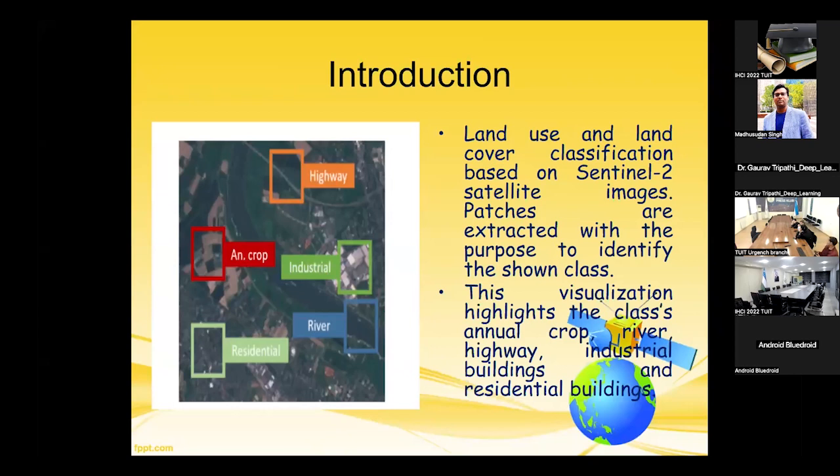Now, so as not to restrict ourselves to very specific objects, we have taken another case of abstract objects like highway, crops, industrial cover, river, residential, because these are the things which are of utmost importance from the sky.